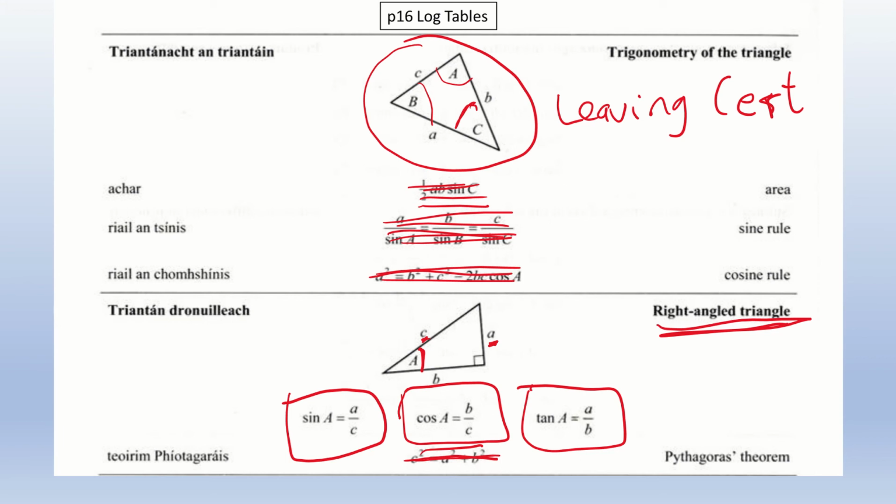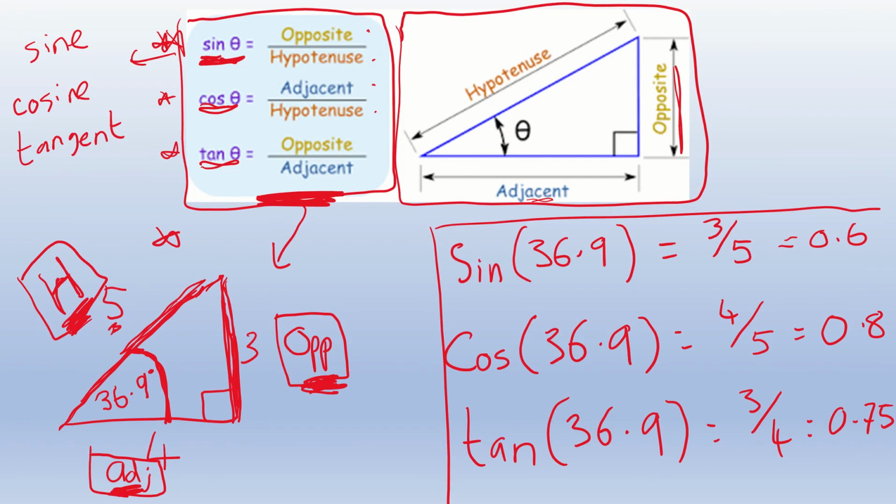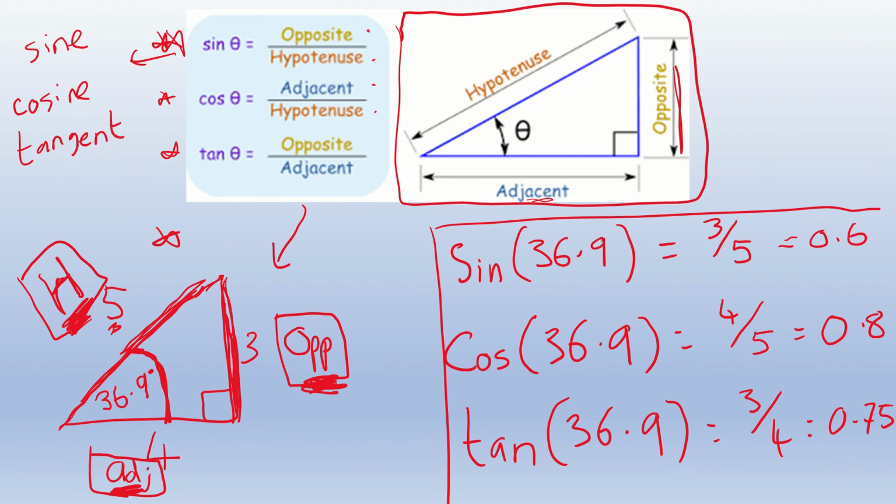I wouldn't be relying on my log tables for the exam, from a timekeeping point of view. So learning this here, and again I have a lot of red lines, will be extremely beneficial to you. And the way I was taught it was something called SOHCAHTOA.